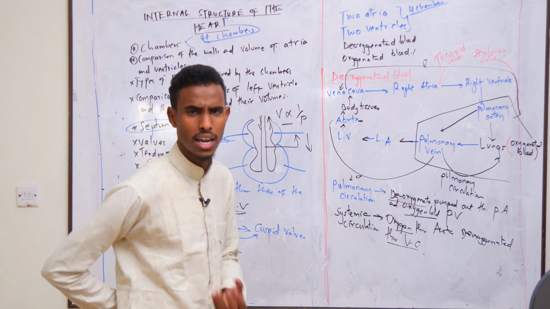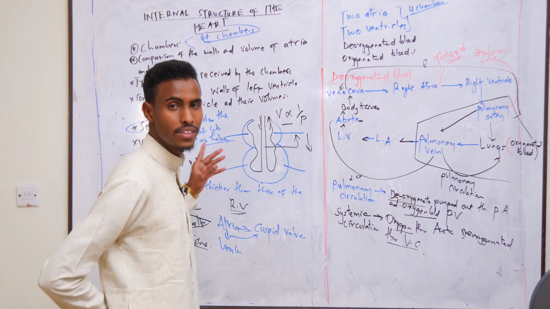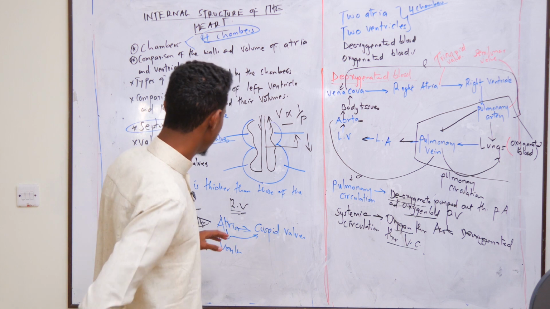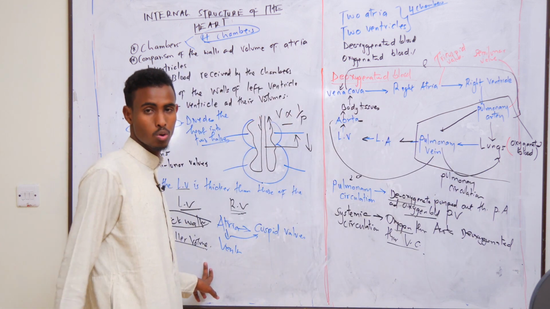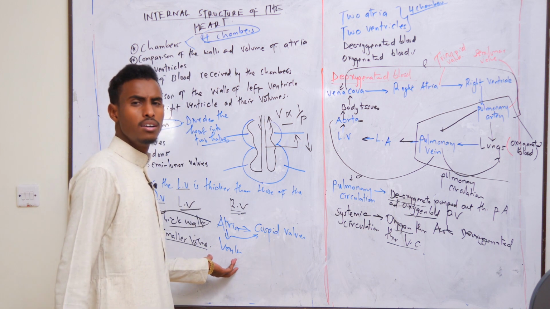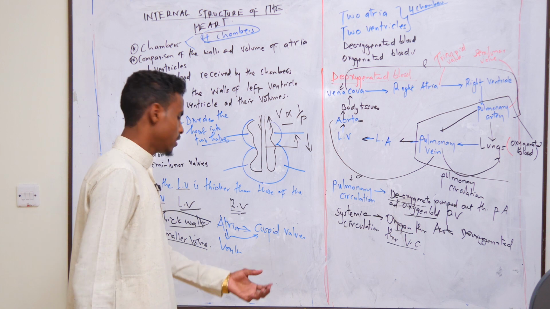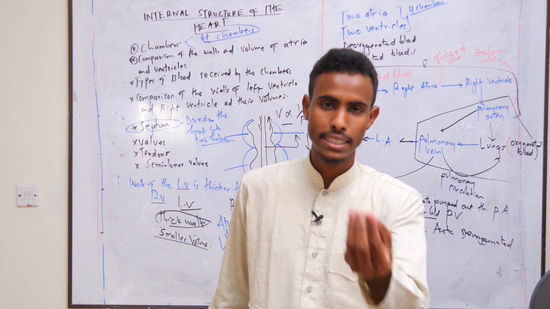Again, the valve found on the right side of the heart is called the tricuspid valve, while the valve found on the left-hand side of the heart is called the bicuspid valve. Again, we have cup-shaped valves at the bases of the pulmonary artery and the aorta.